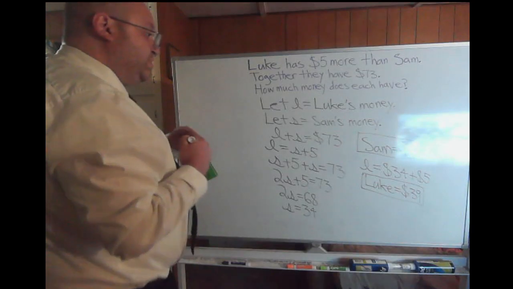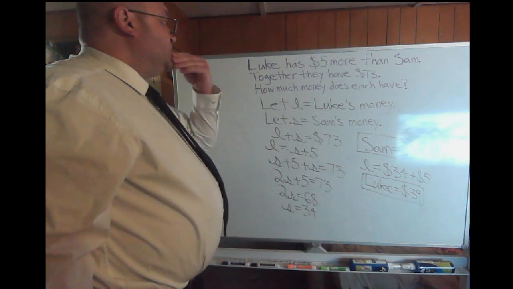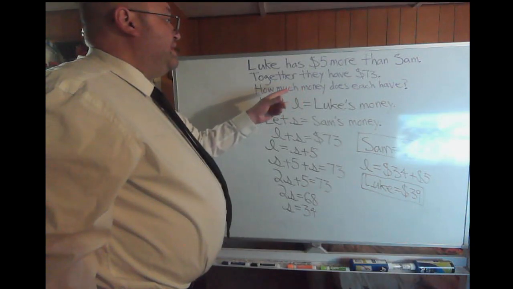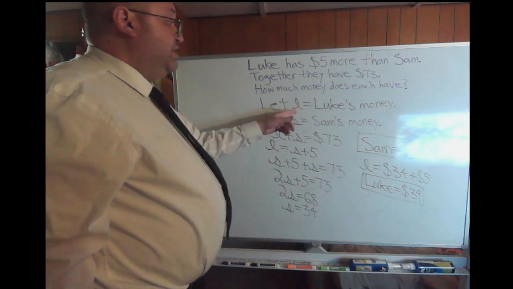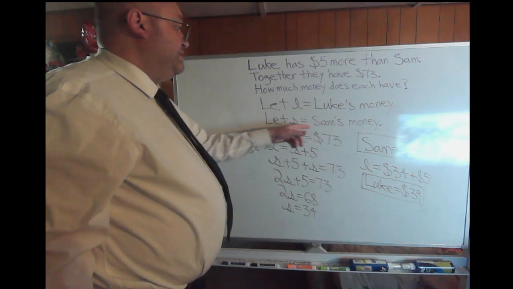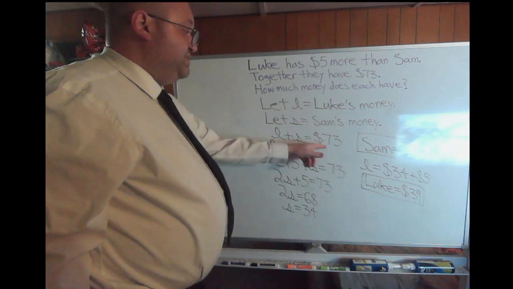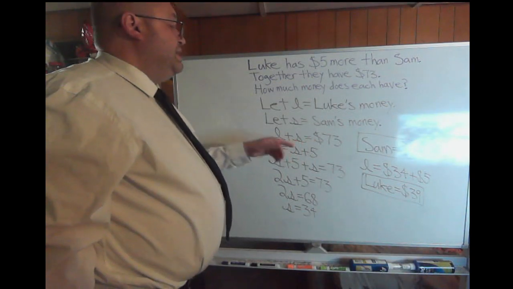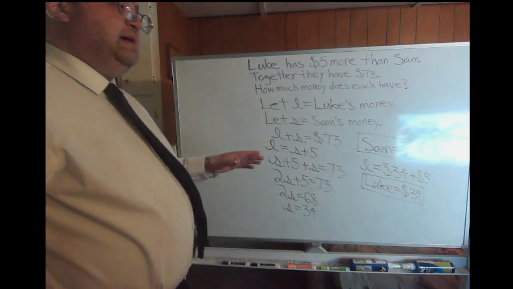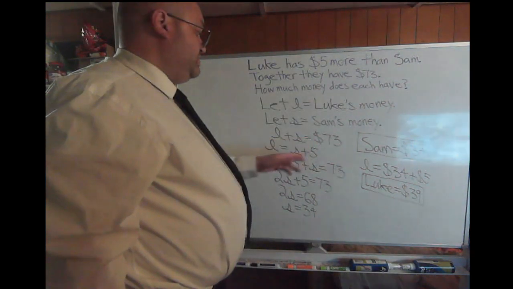So we start out with what we're given here. Luke has $5 more than Sam. Together they have $73. How much money does each person have? We let L equal Luke's money. Let S equal Sam's money. We know together Luke and Sam, they have $73 because the second sentence tells you as much. So after you do your let statement, sometimes it's helpful to set up a general equation for the total amount.